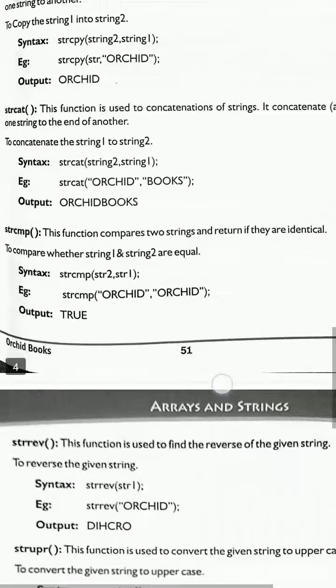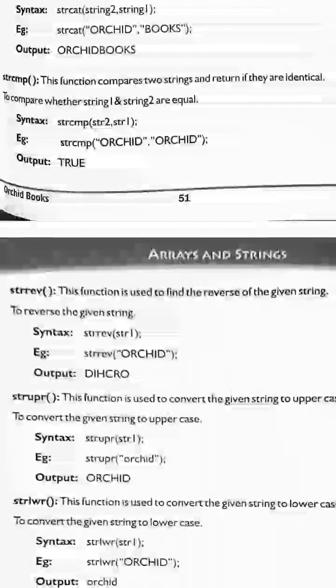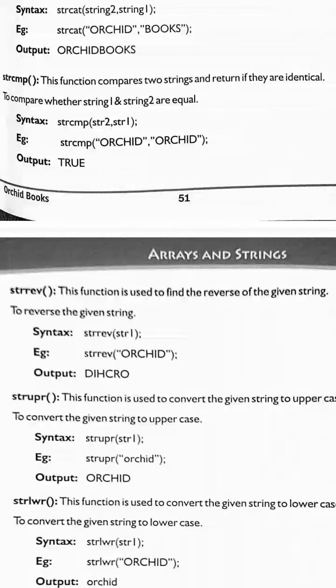So the next thing is strrev. strrev means string reverse. The given word will be rearranged from bottom to top. It will change the last character into the first character and the first character into the last character. So everything will be changed upside down. That's why it's known as string reverse. Next is string upper.